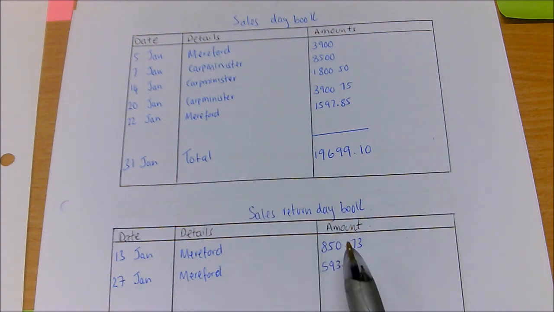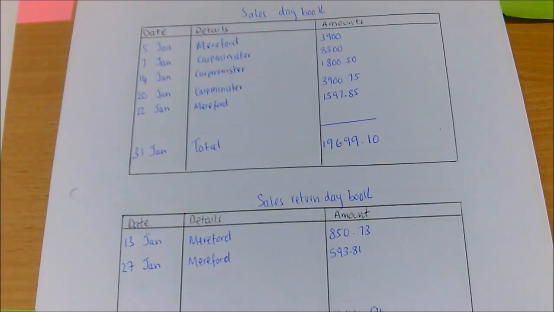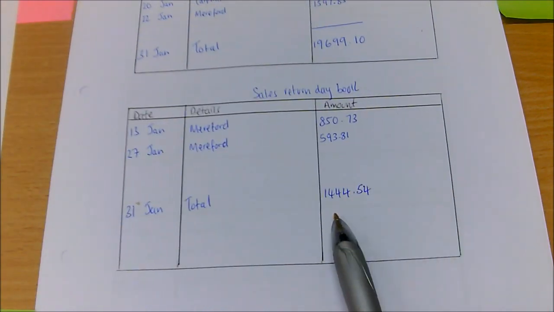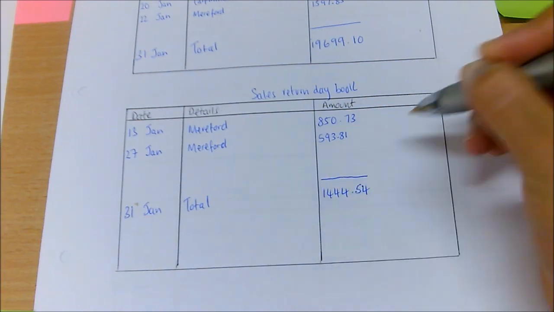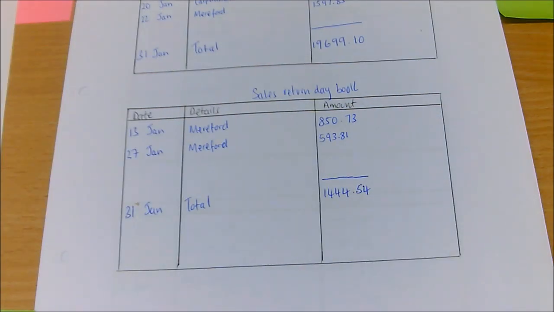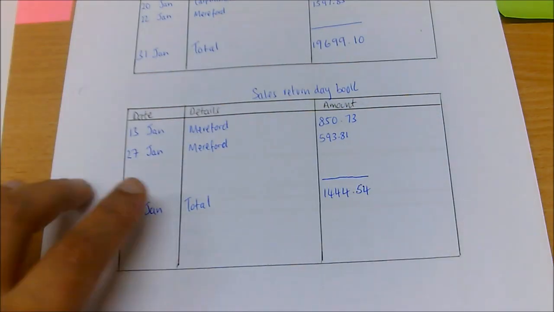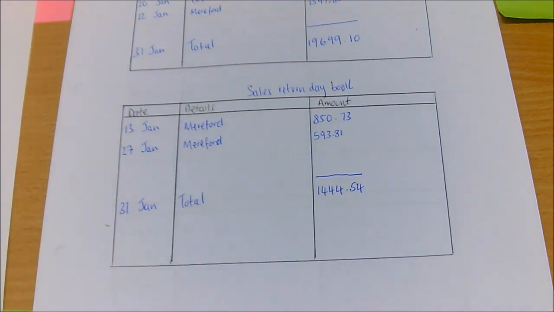And your sales return, which is customers returning stock back to you, should total 144.54. So you have the totals given to you in regards to how you're going to use this information to move on.